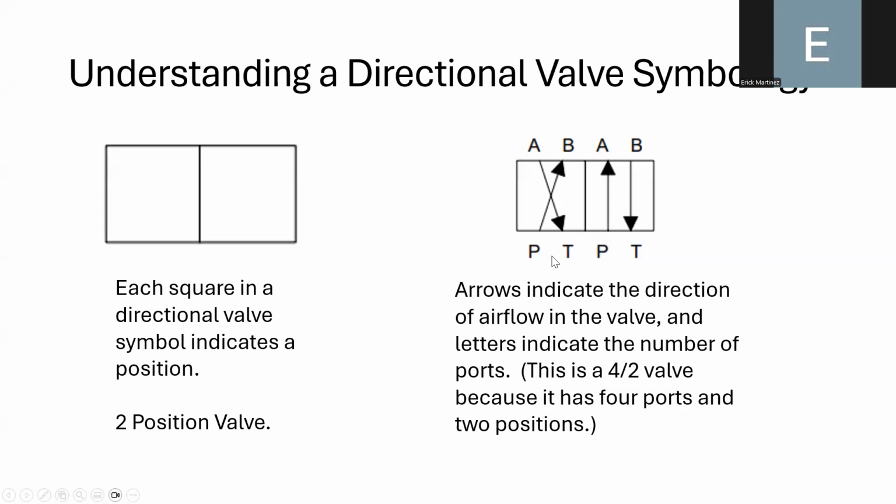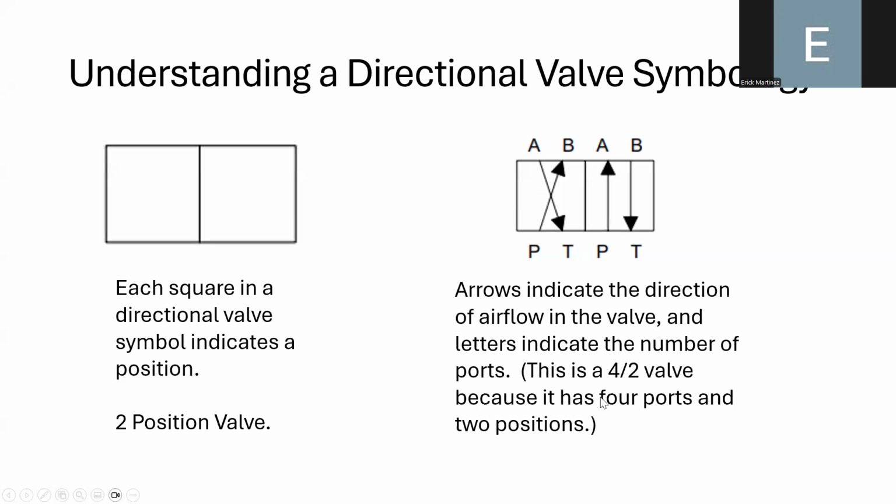And also you can see that we have four ports for each of the positions, okay? So we can say that this is a four-port, or four-way, two-position valve. And this is often denoted with a 4, that is the number of ports, a diagonal, and then a 2, which refers to the number of positions in the directional control valve.